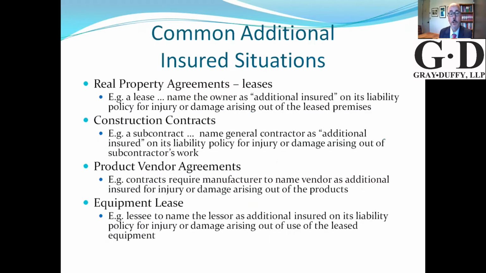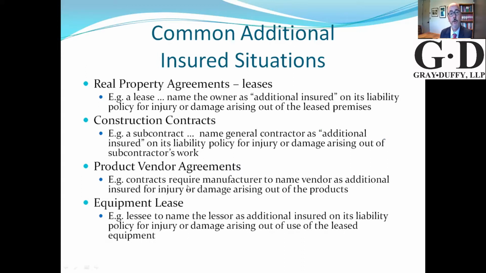Some common additional insured situations we see a lot in practice are real property agreements or leases. The lease might require the tenant to name the owner as an additional insured under the tenant's policy for injury or damage arising out of the leased premises. On construction contracts, the subcontract, for example, might require the subcontractor to name the general contractor as an additional insured for injury or damage arising out of the subcontractor's work.